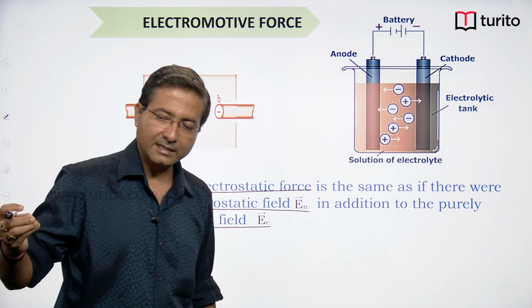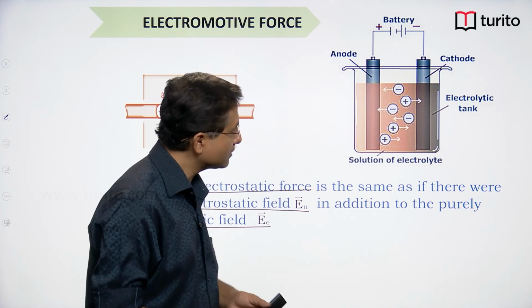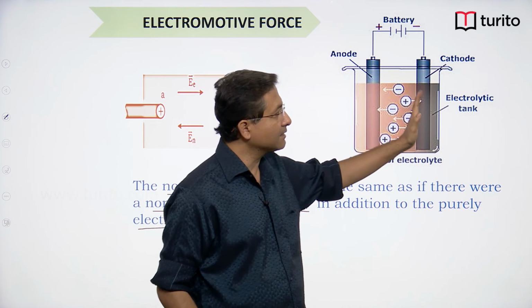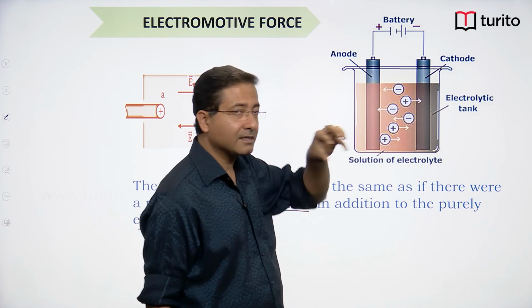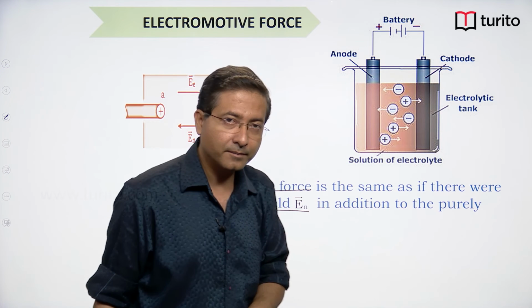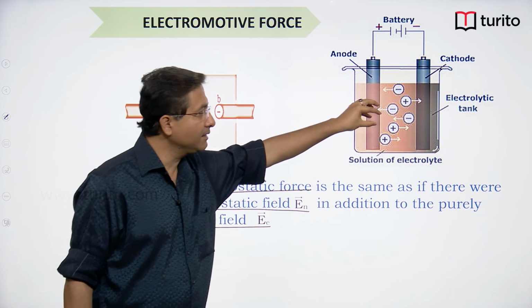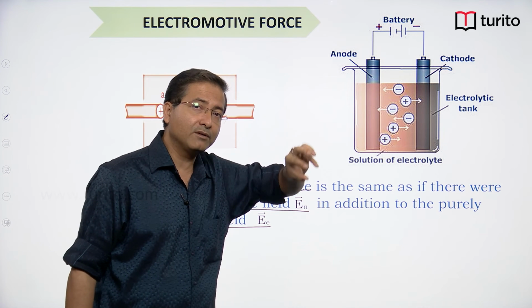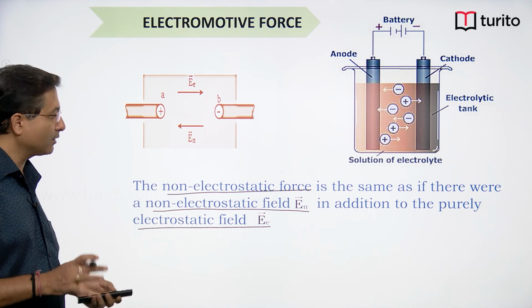So there is an electrostatic field, because one terminal will be positively charged and the other negative, and as the charged particles are not moving, there must be a non-electrostatic field. They must counterbalance each other, then only these ions will be in equilibrium when the cell is open, right. I hope this point is clear.